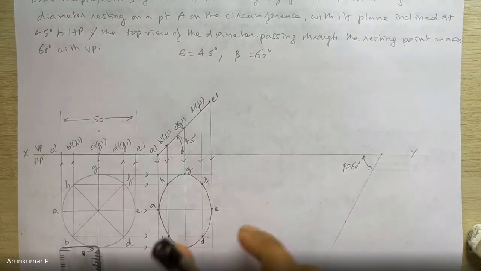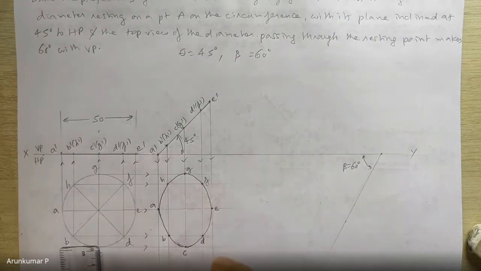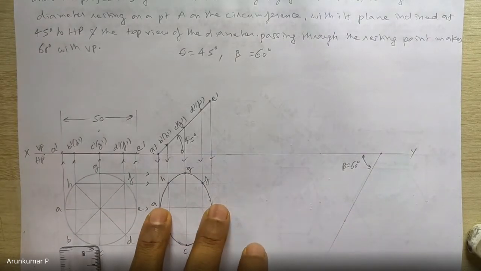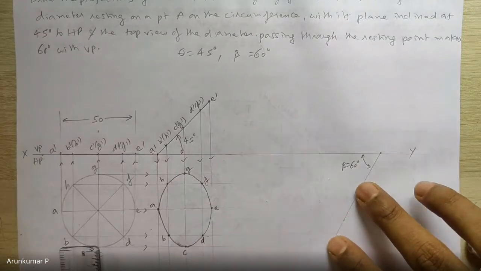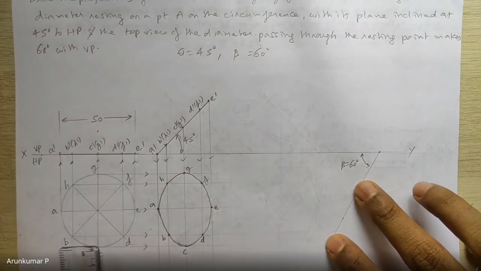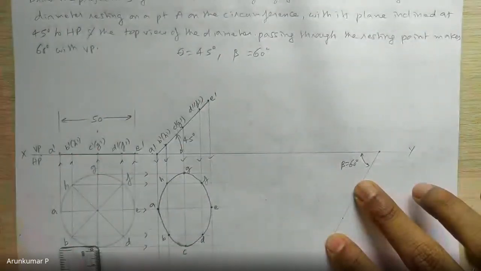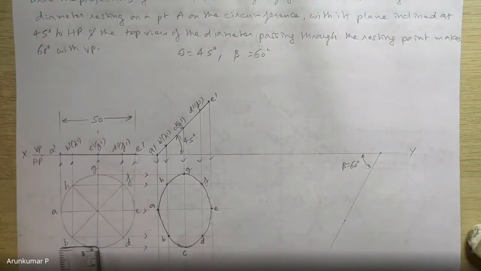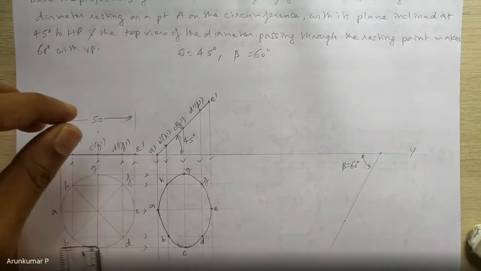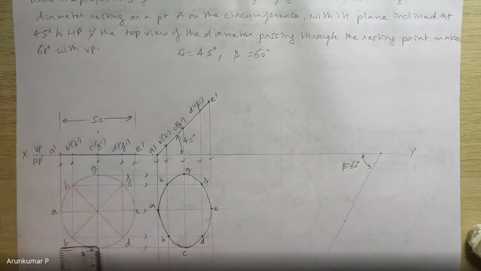So the top view of the diameter is AE. So AE is the top view of the diameter under consideration. So AE should be put on the 60-degree line. Okay. So now, can you do that? Is this a locus problem or not?